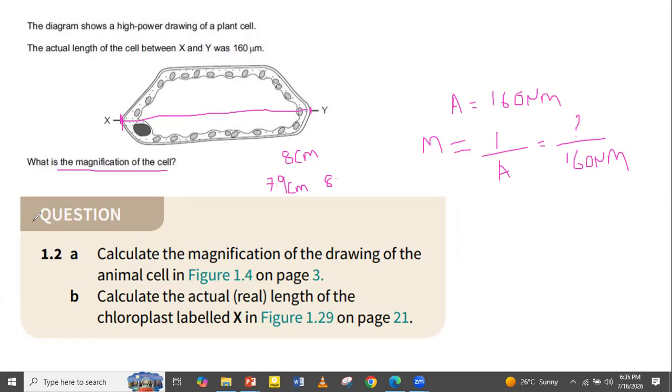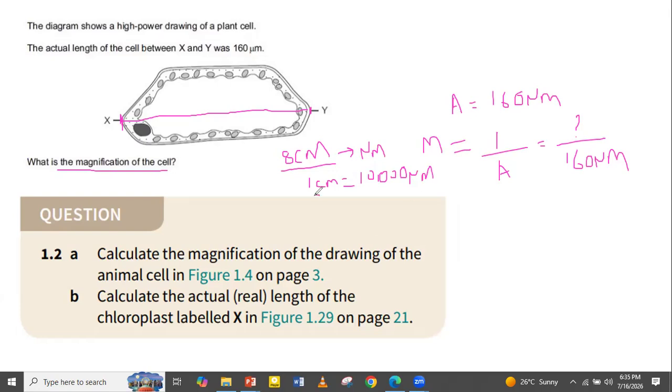So assuming we have our length as 8 centimeters, just get the centimeters and turn them to micrometers. We already saw that 1 centimeter is equivalent to 10,000 micrometers.